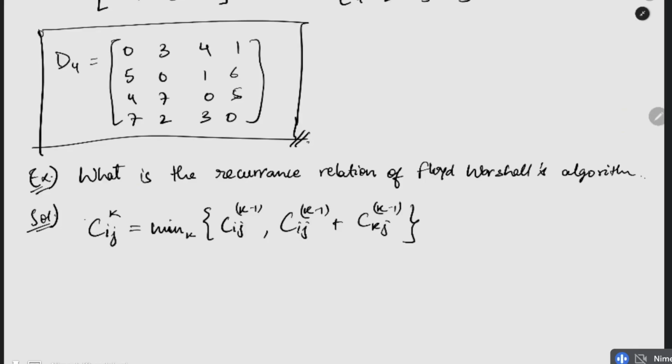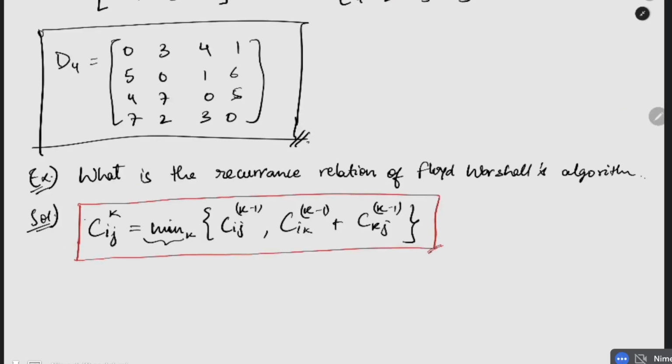So again, we are looking for the minimum cost. And this is not j, this is k, because we are relaxing it with k. So this is the recurrence relation that we even used in the problem above.